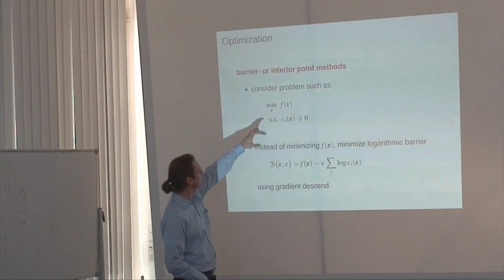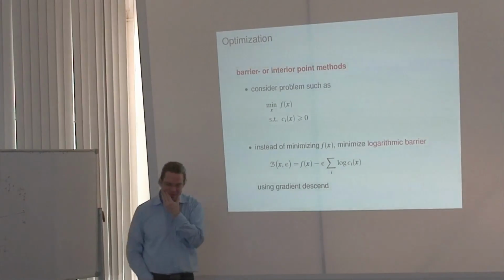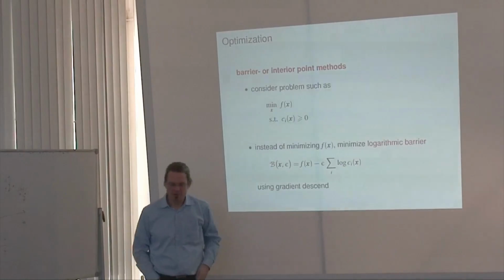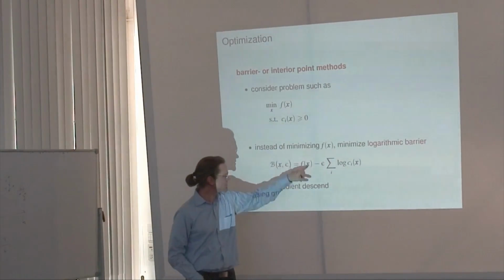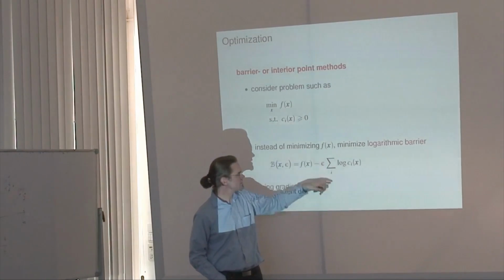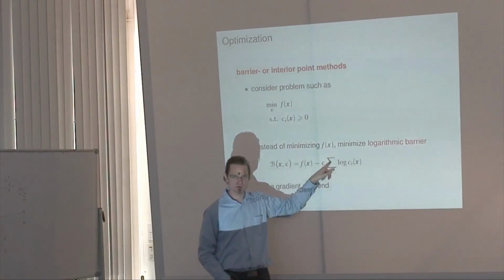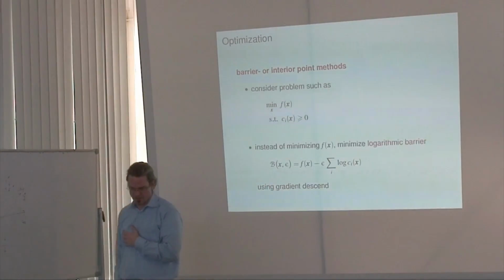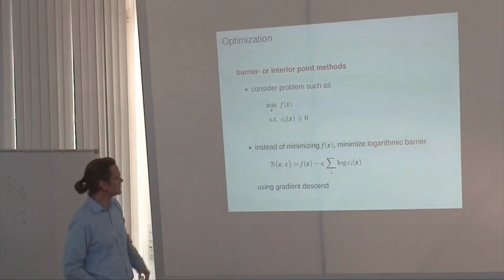Instead of minimizing this function, we might minimize another function, let's call it B for barrier, where we say this is the original function f minus a sum over all the constraints, where we take the log of the constraints. We have some epsilon in front of that. Why would we do this?